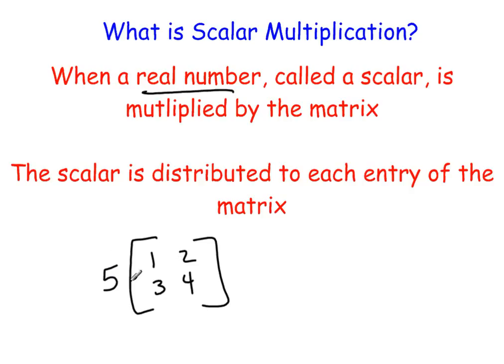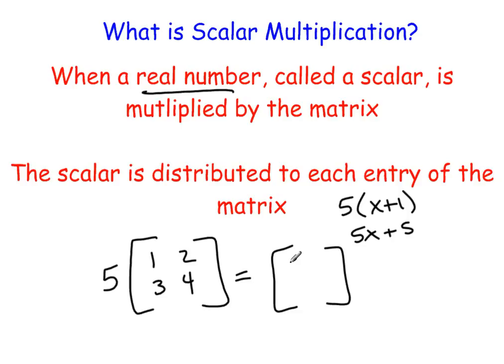So we put it right in front. And remember, when you have no symbol between 2 items, that implies multiplication. So it's kind of like if we had this. If you saw this, you would distribute the 5 to both the x and the 1. We're going to do the same thing here. I'm going to distribute the 5 to each one. So it's 5, 10, 15, and 20 in this example.